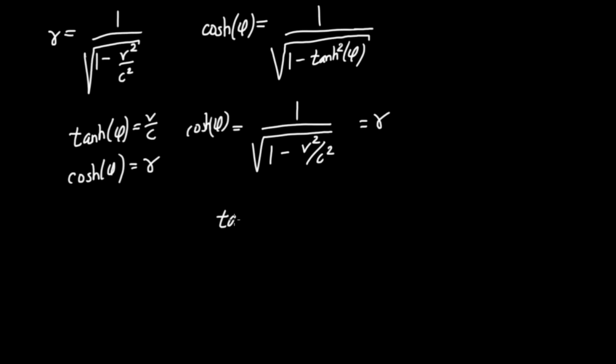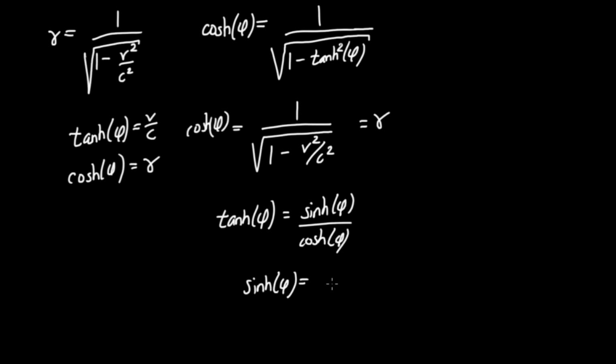I'm just going to recall that tangent of phi is equal to sinh of phi divided by cosh of phi. And just solving for sinh, I get that sinh of phi is equal to cosh of phi times tangent of phi. And I know what these two are already.